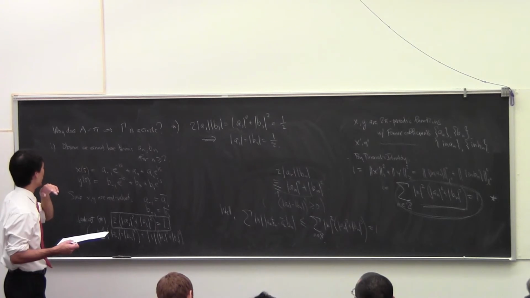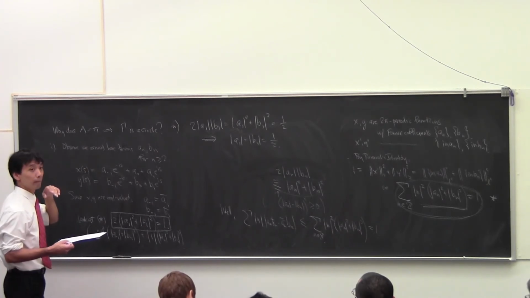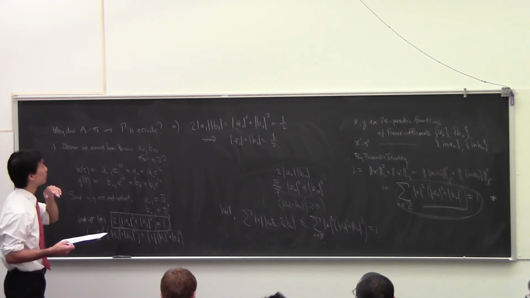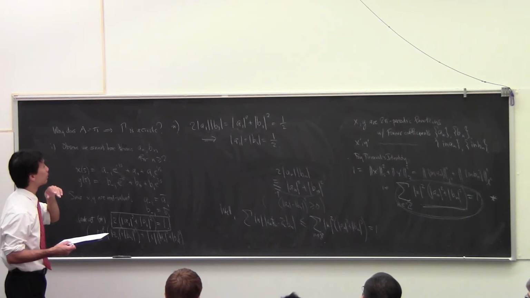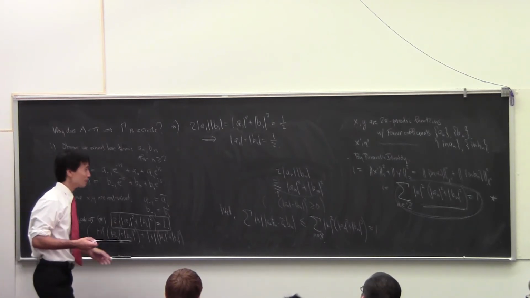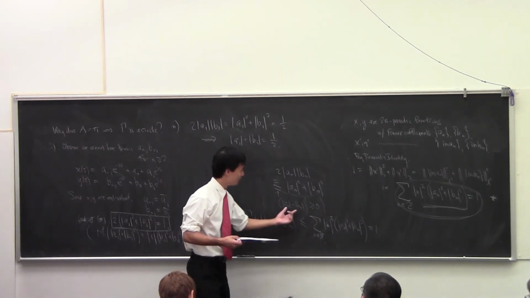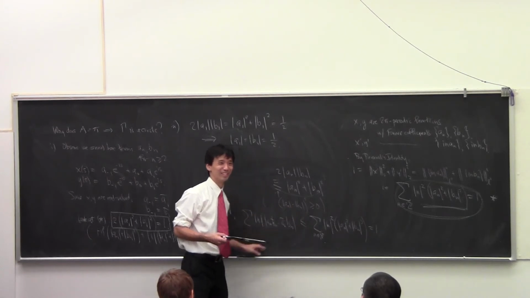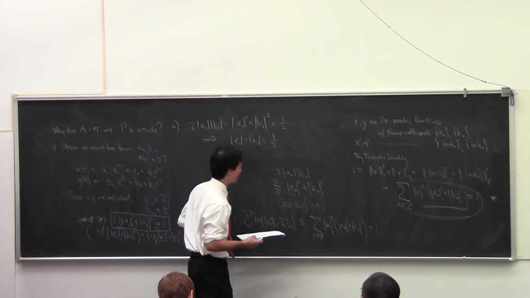Why are the sizes of a_1 and b_1 the same? Oh yeah, of course, because this is equal to 0. Yeah, thank you. Sorry, I just went crazy.